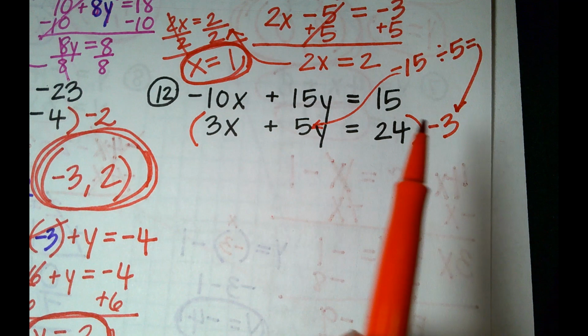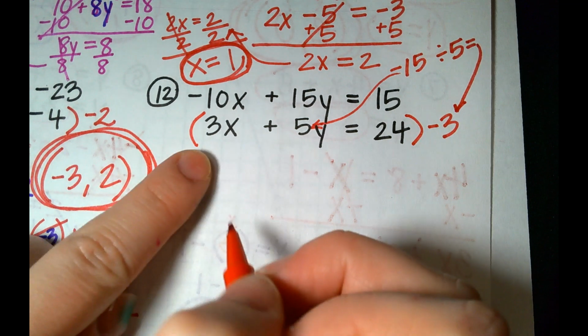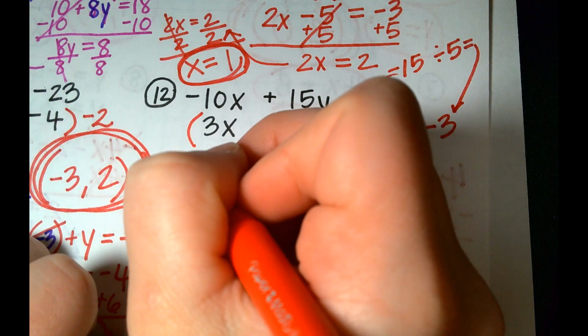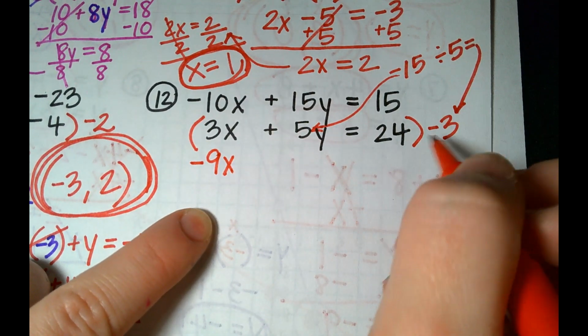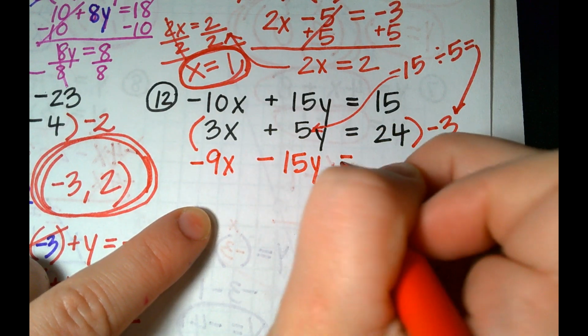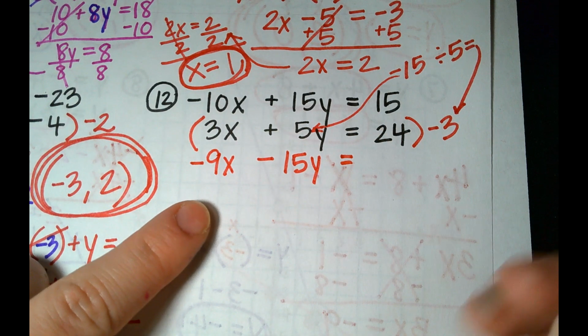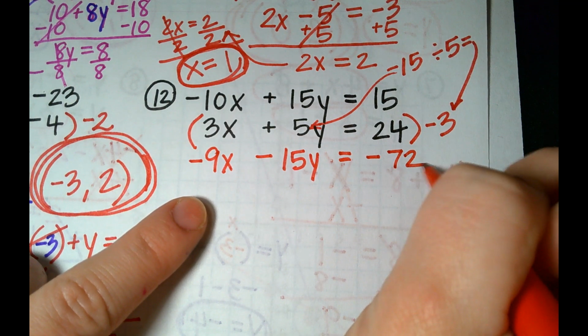Okay, so let's multiply -3 by each of my terms. What does 3x become? -9x plus 5y becomes -15y equals 24 times -3. Negative, what was it? 72.